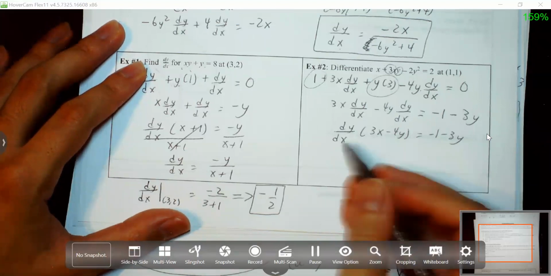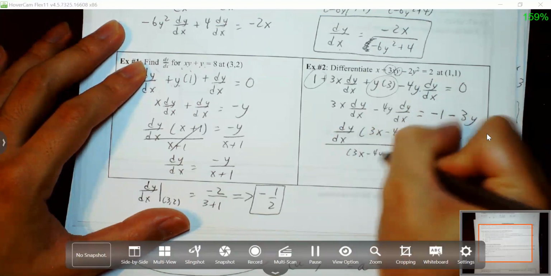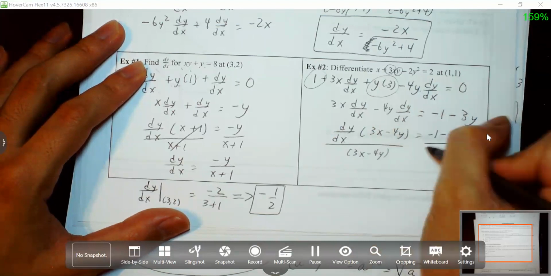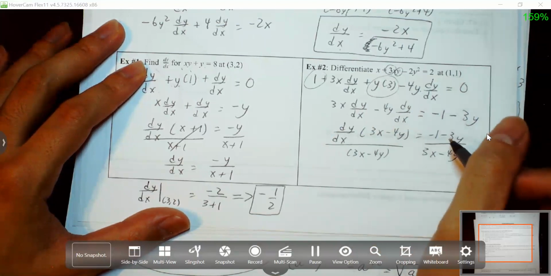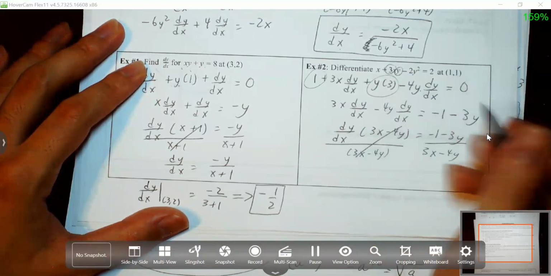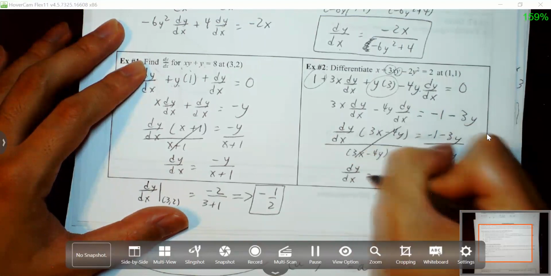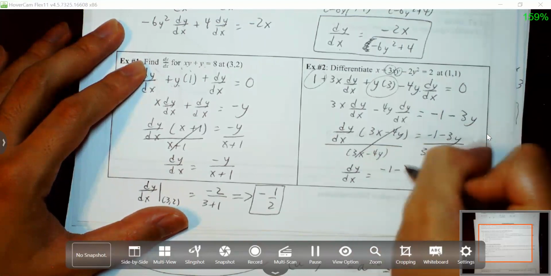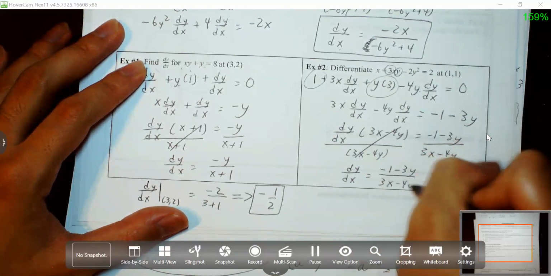And now I just solve for dy/dx. So dy/dx is equal to (-1 minus 3y) over (3x minus 4y).